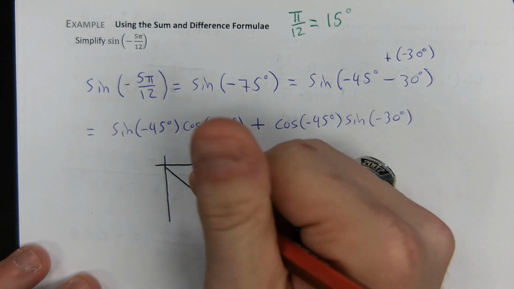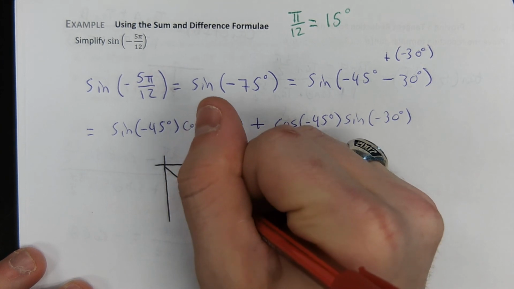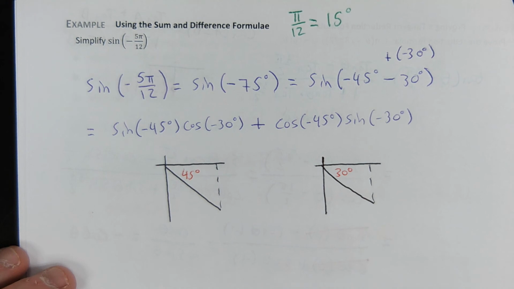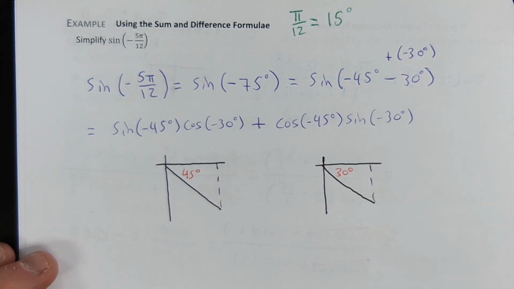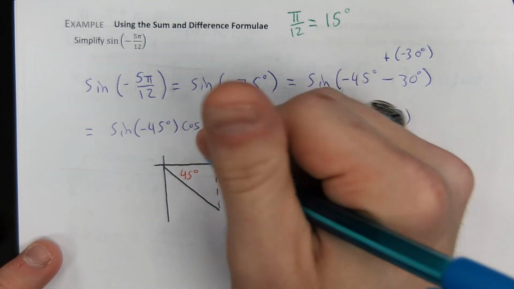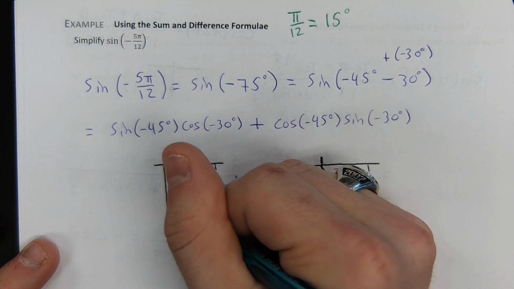What do we have here? This is a 45-degree reference angle, and this will be a 30-degree reference angle. Side lengths across from the 45 are 1s, so we have a 1, 1, root 2, but because of where we are, that needs to be a negative 1 on the y's.